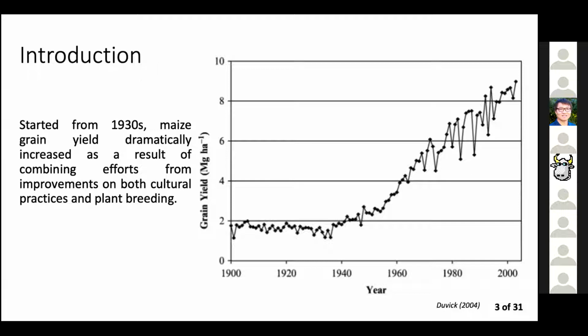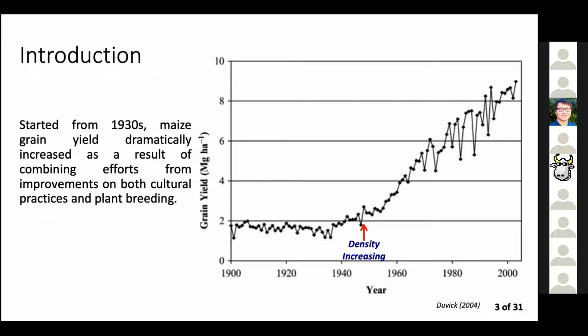To begin with, it's well known that maize grain yield has dramatically increased in the past 70 years. One of the major contributors to this grain yield is continued breeding and selection for better adaptation of corn plants to higher planting density.